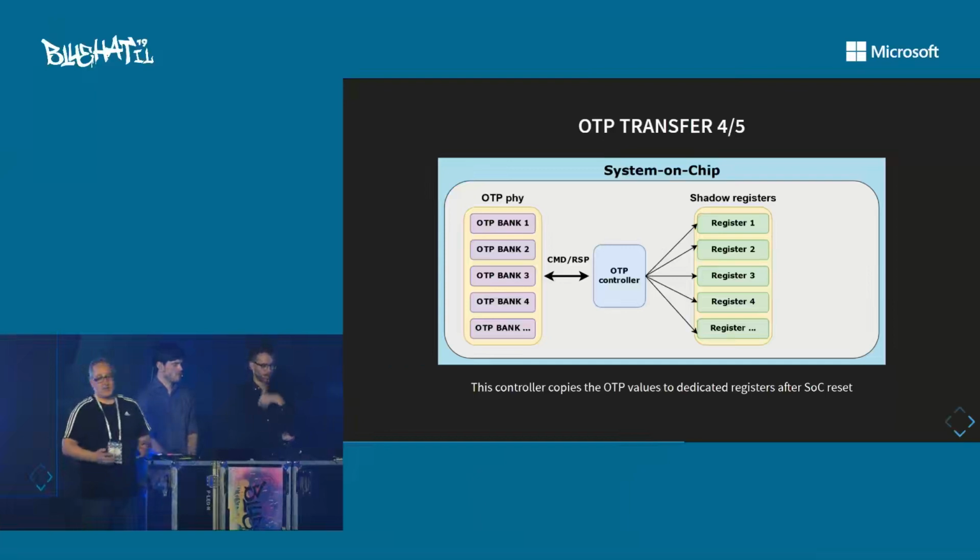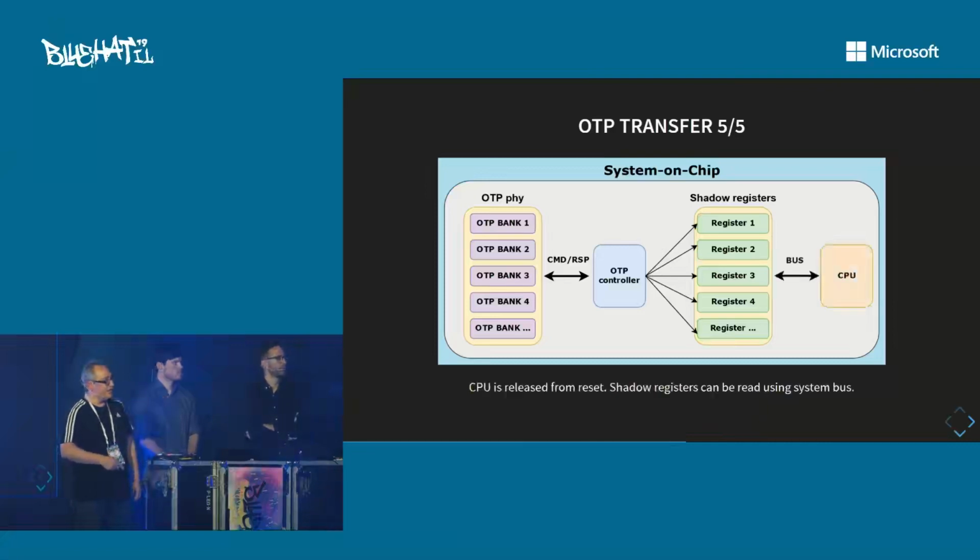Keep in mind that there might be additional hardware which uses OTP configuration, and the OTP controller has the task of transferring this information properly. This information may not be accessible to the CPU at all. The CPU has not started yet here, but once the information is in the shadow register, the CPU can be released from reset and can access the information over the main bus via the memory mapped mechanism that we are seeing.